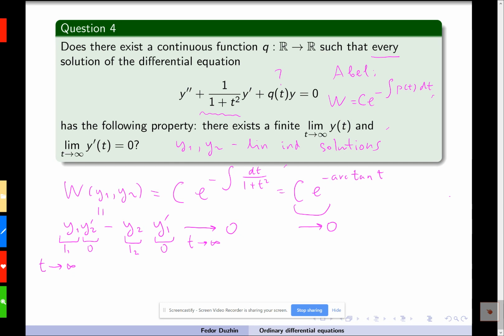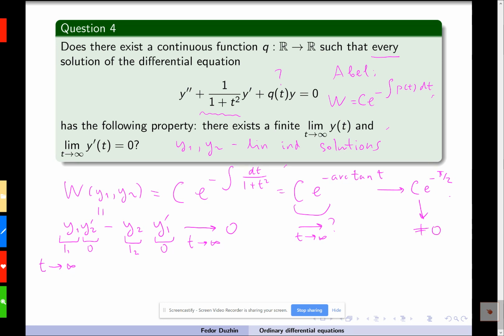At the same time, let us take the limit as t goes to infinity of the Wronskian calculated according to Abel's identity. The limit of inverse tangent as t goes to infinity is pi over 2. So this is c times e to the minus pi over 2. It is some number, and the important point is that it is not 0, as long as c is not 0.